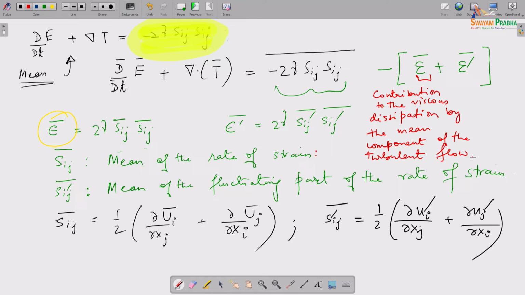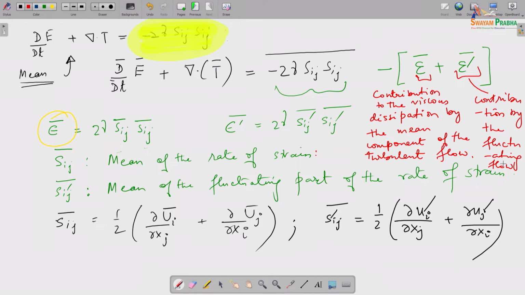Makes sense? And therefore, this one on the other hand is the contribution to the viscous dissipation by the fluctuating part of the turbulent flow essentially, right?